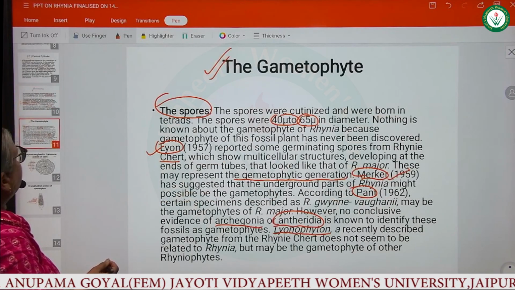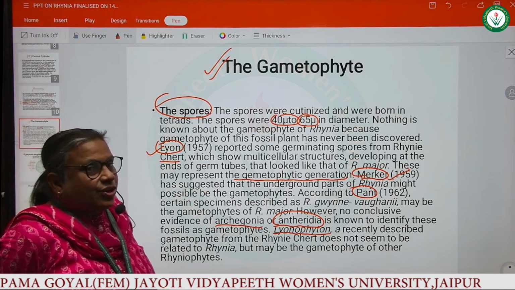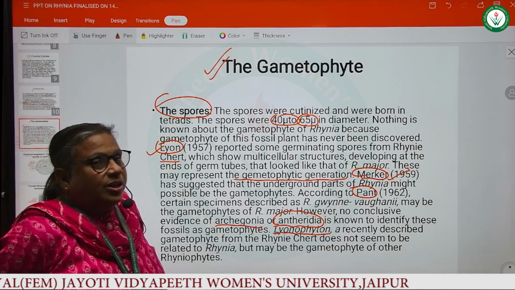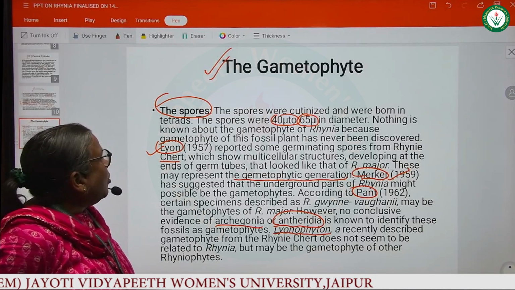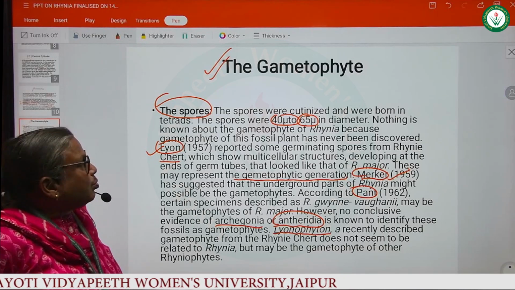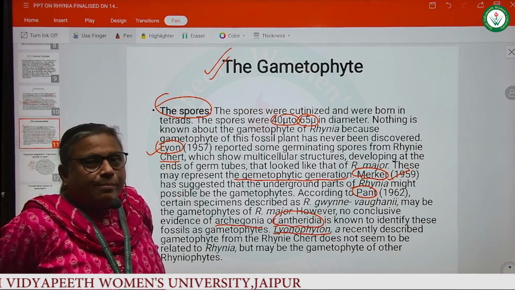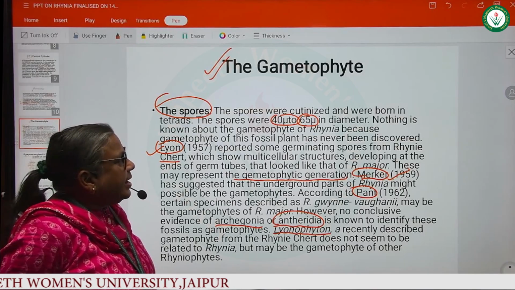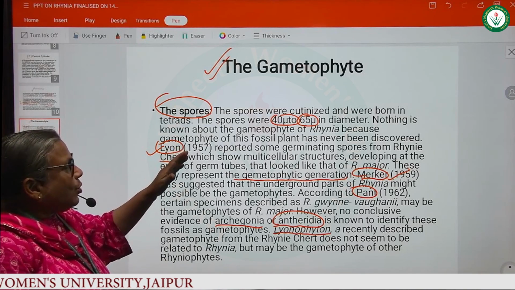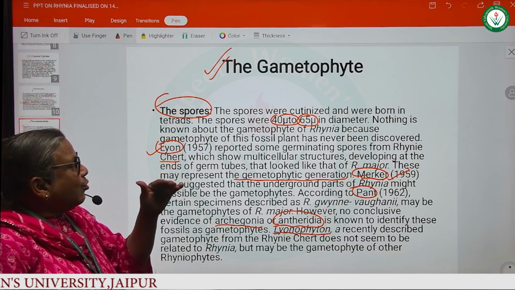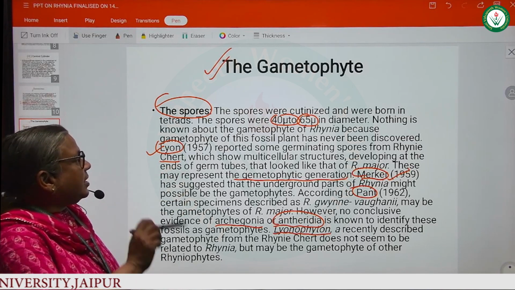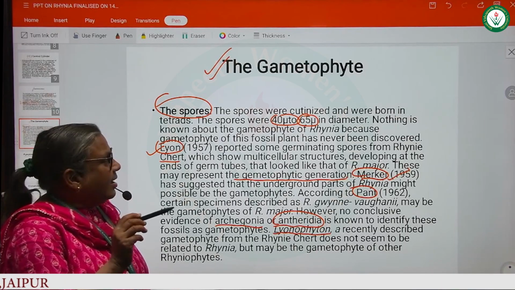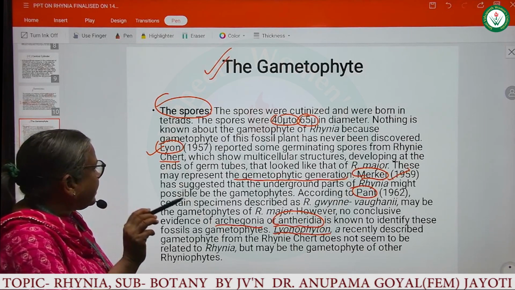Now I talk about the gametophyte, the spores. The spores were cutinized in RHYNIA and were borne in tetrads. The spores were about 40 microns to 65 microns in diameter. Nothing is known about the gametophyte of RHYNIA because the gametophyte of this fossil plant has never been discovered.